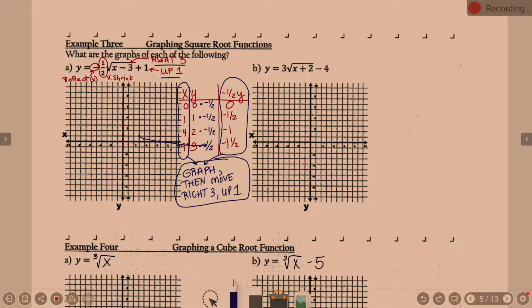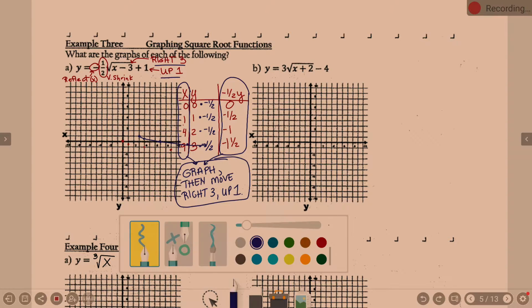Where are we at on time? Okay. We don't have time to get all the way through this, I know that. But can you at least identify the pieces? Identify the pieces with me.